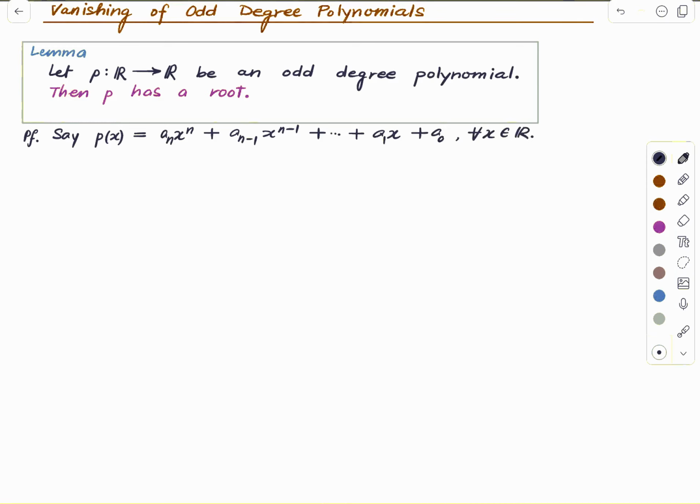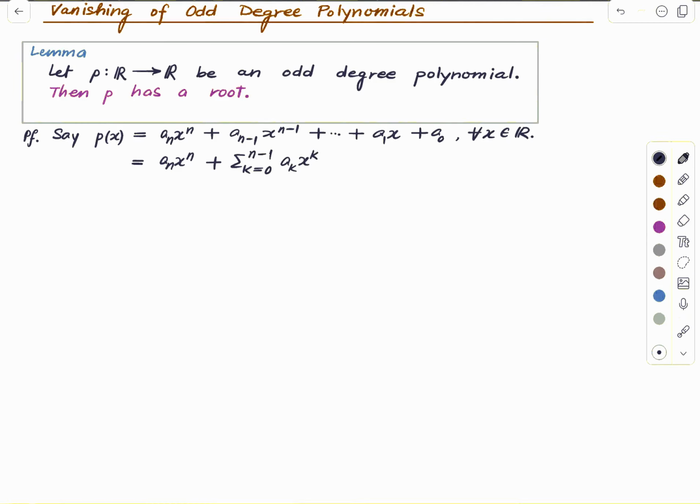It will be more convenient to write it in the following way. Sorry, this is not 1 to n, this is 0 to n minus 1.